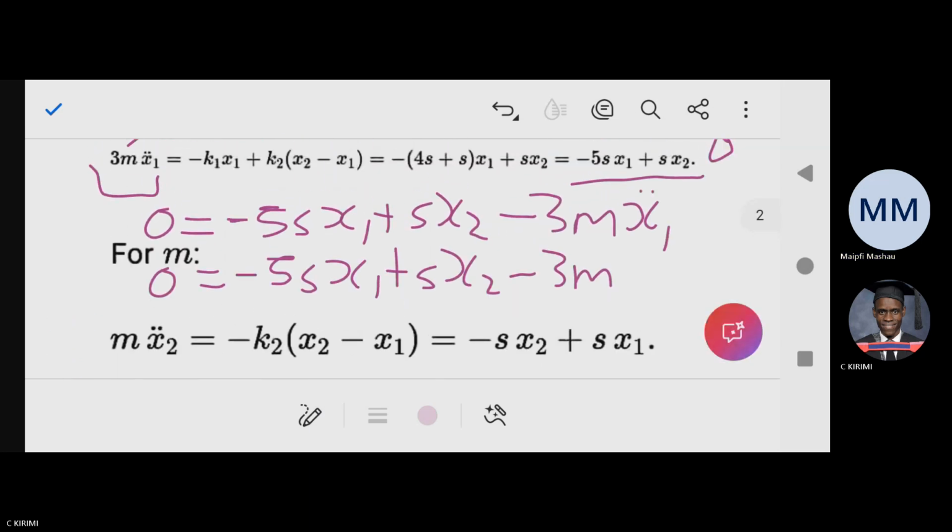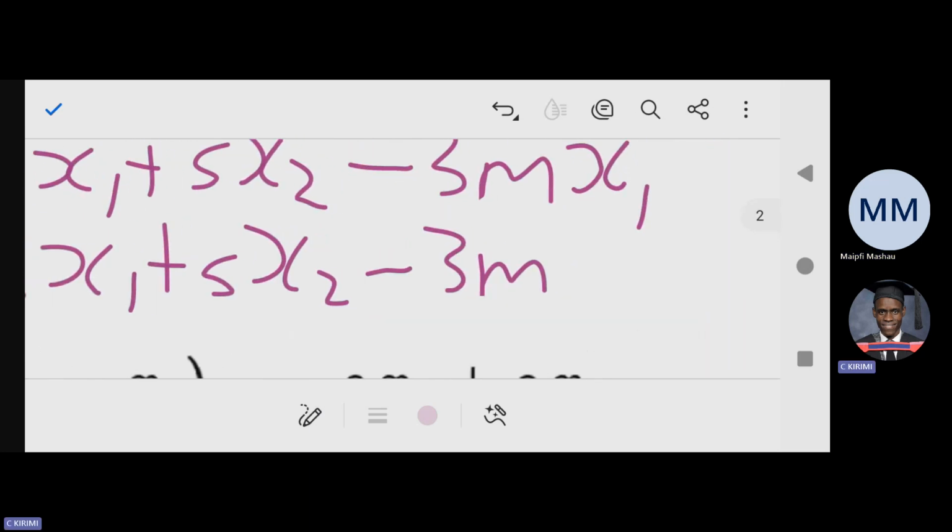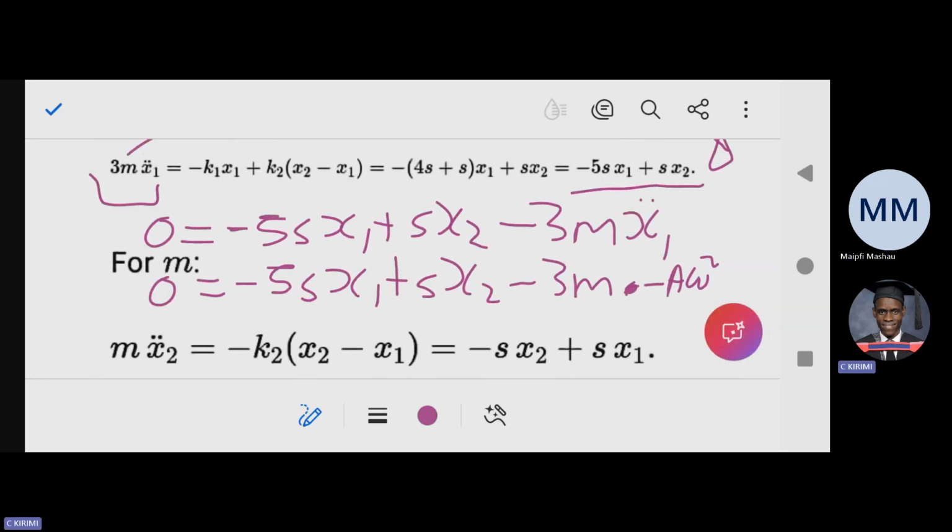So it's going to be multiplied by negative omega squared. What happened to the e? The e appears on both sides.